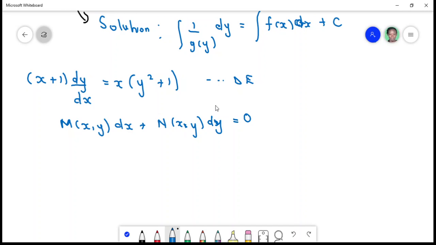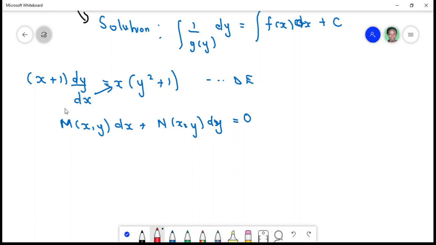What I want is to separate the variables so that all y goes with y and all x goes with x. So let's cross multiply here.